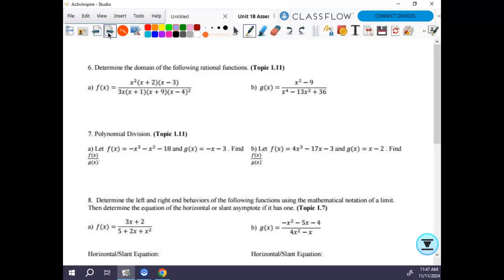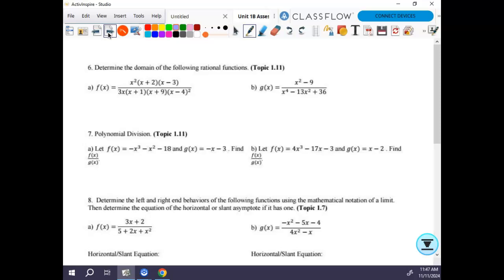All right, so now we're going to determine the domain of the following rational functions. Remember, the domain is all real numbers except for any holes or vertical asymptotes, which means before you reduce, you can just look at everything that the denominator could be, and those are the things that your function cannot be.